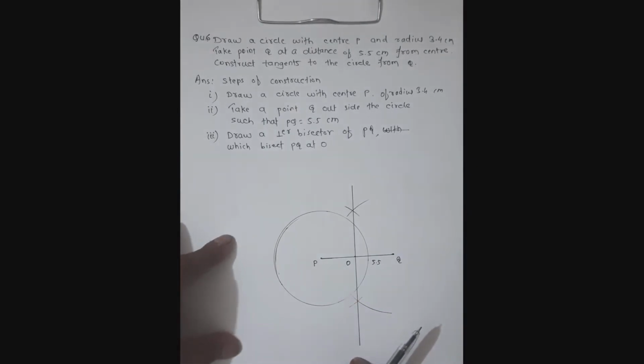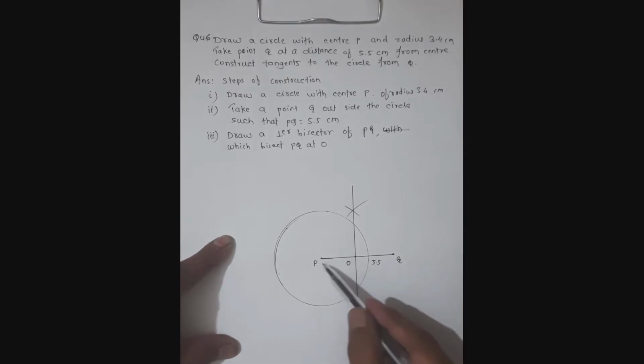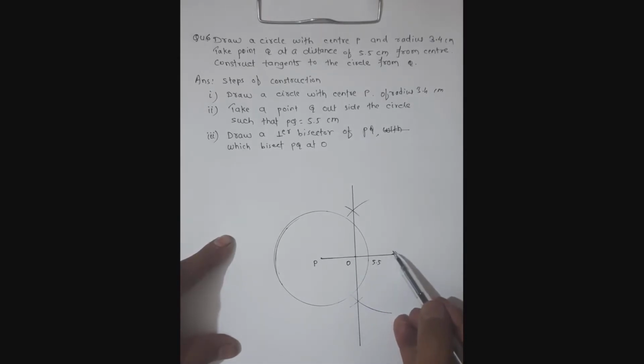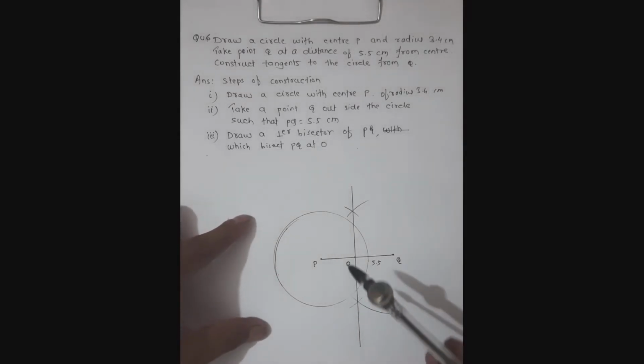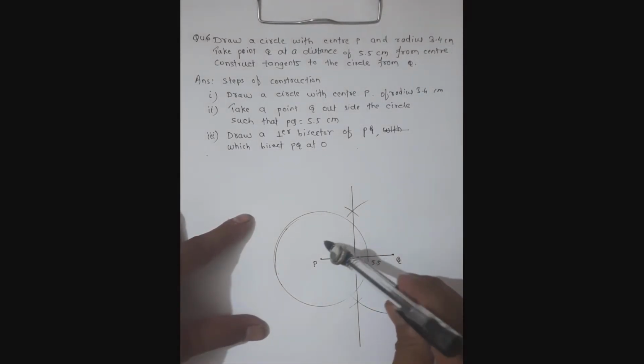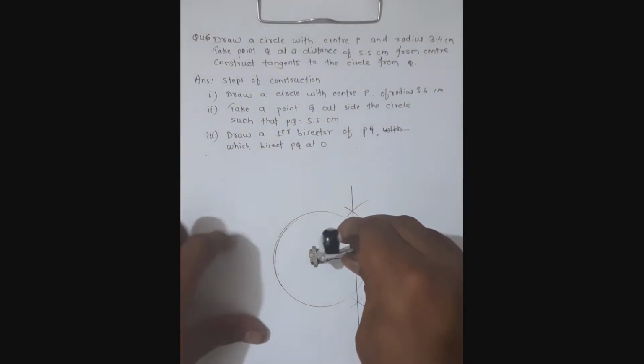Now in the third step we consider this O as center and OP and OQ as the radius, and we draw a new circle of radius OP and OQ. Now see here, we consider O as center and measure the distance OP.